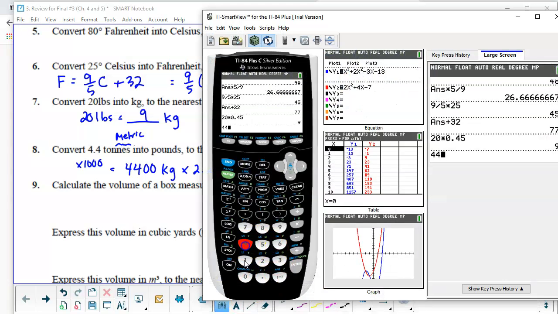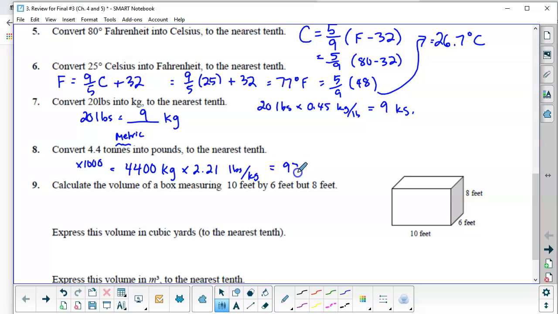So 4,400 times 2.21 is 9,724. No need to go to tenths for this calculation. If you had converted to imperial tons and then into pounds, then maybe there would be a decimal. It would be a value that's pretty close. We'll check for both of them.